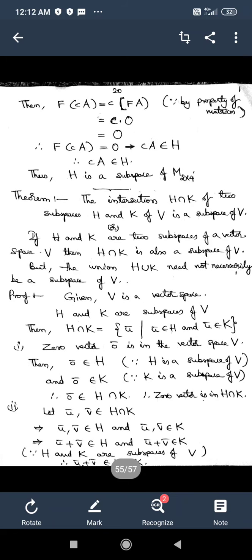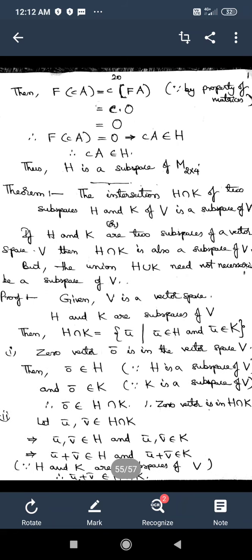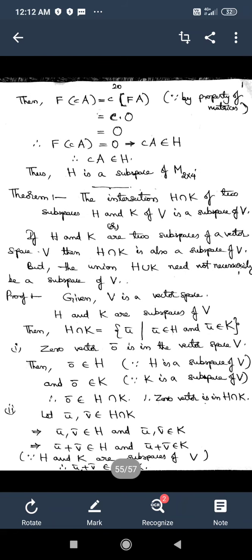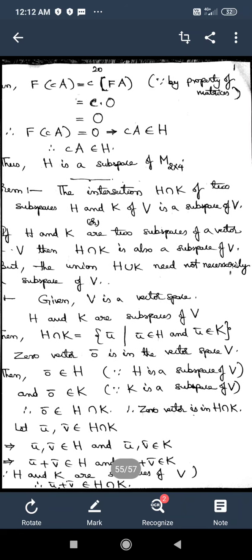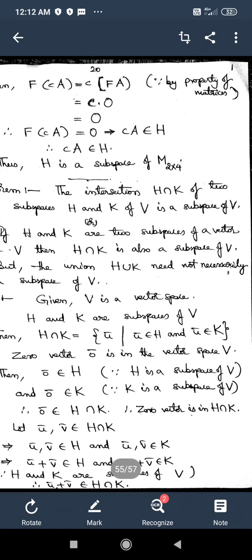Now let us see the statement of a theorem, and let us prove that theorem also. This theorem states that the intersection H intersection K of two subspaces H and K of V is a subspace of V, and that means the intersection of two subspaces of a vector space is again a subspace of that vector space.